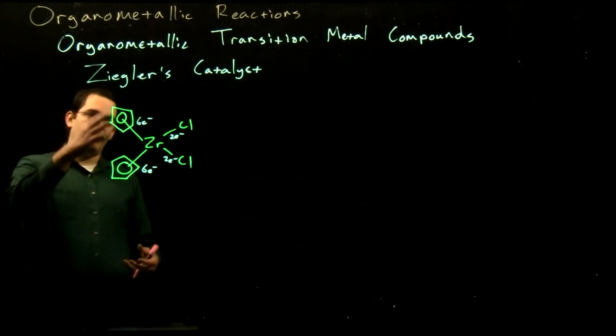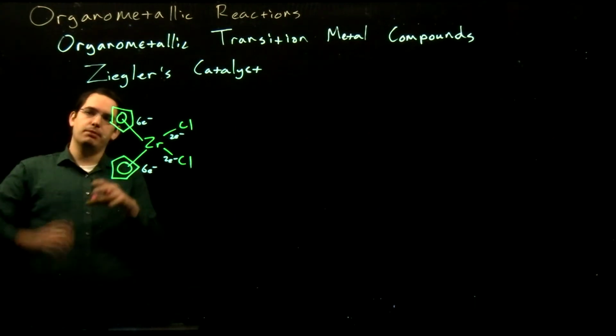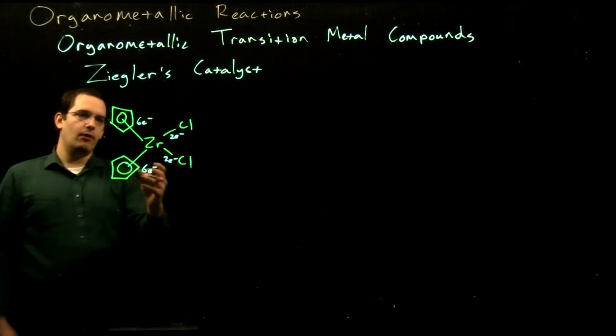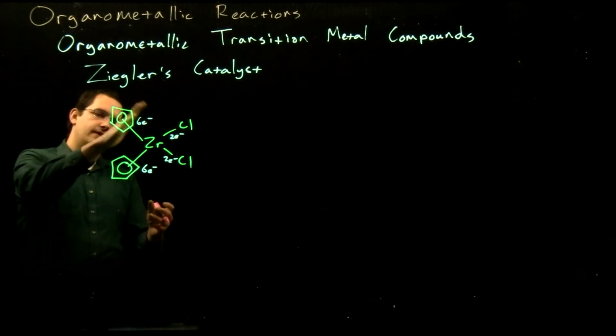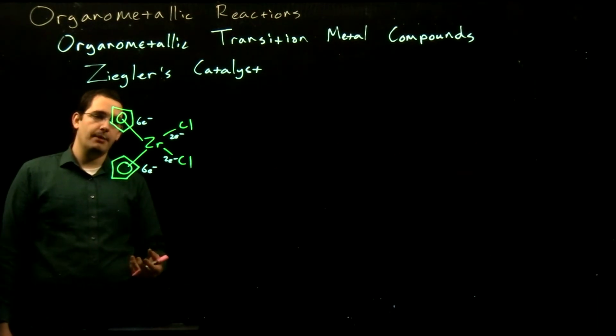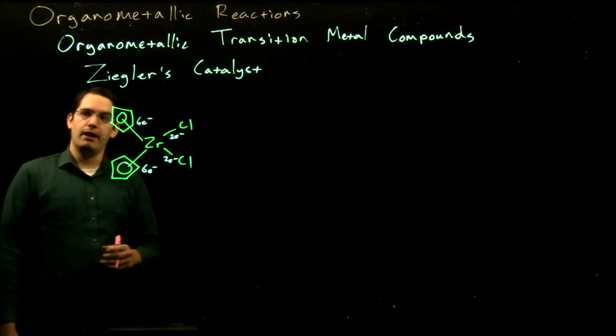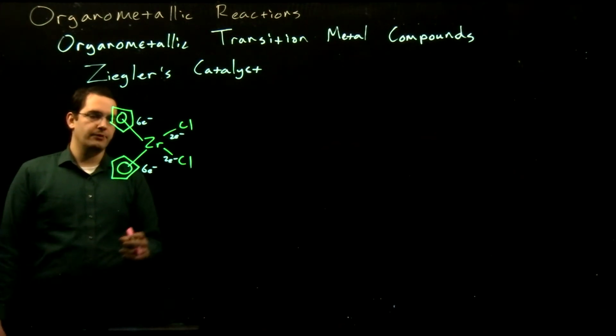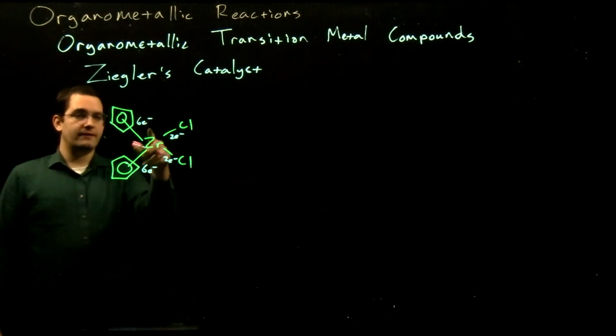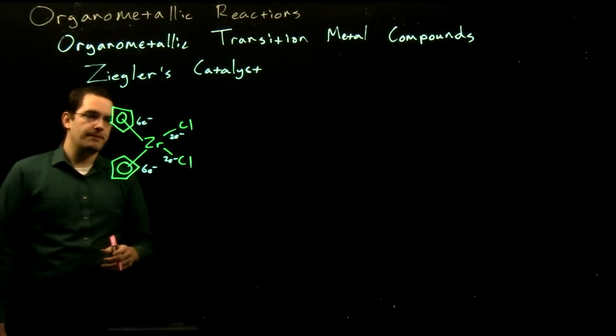Remember, those electrons kind of make a cloud above and below the ring system, and so we can just take that ring and kind of stack it up here against our zirconium ion and allow those electrons to interact with our metal here as well. So it's actually sharing all 6 of those electrons from each of those.